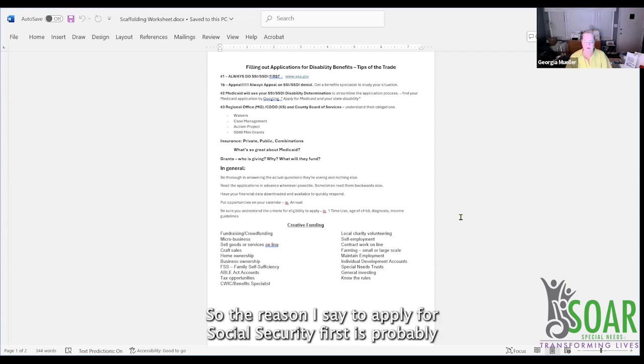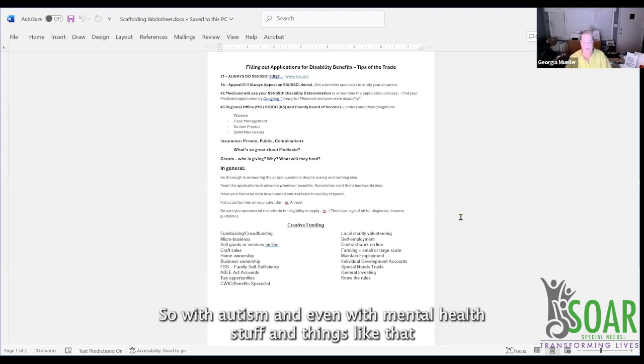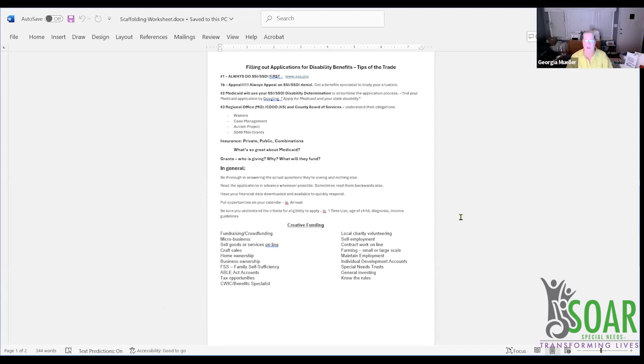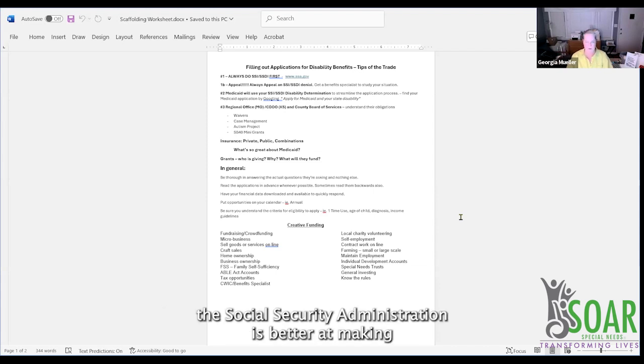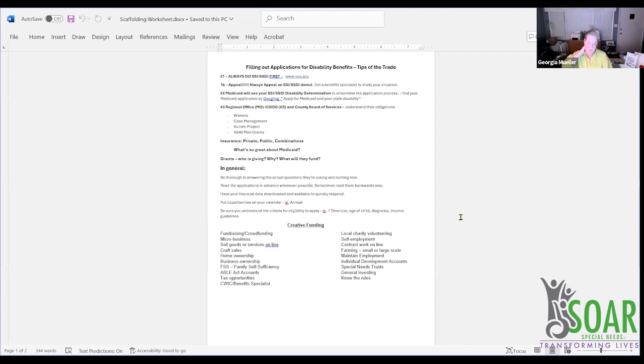So the reason I say to apply for Social Security first is probably because I come from the invisible disability world. With autism and even mental health stuff, the Social Security Administration is better at making disability determinations for invisible disabilities than Medicaid is.